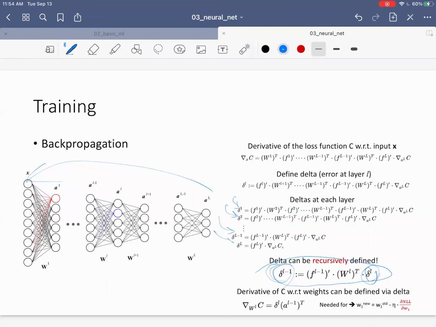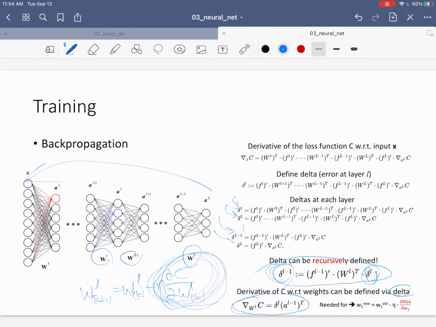Right, so that's the properties of delta. And you can use these deltas to calculate this, which is actually what we really need. In order to update your W L, for example, W L K plus 1 equals W L K minus step size times the derivative of C with respect to W L K. This is what we need in order to update the weights.